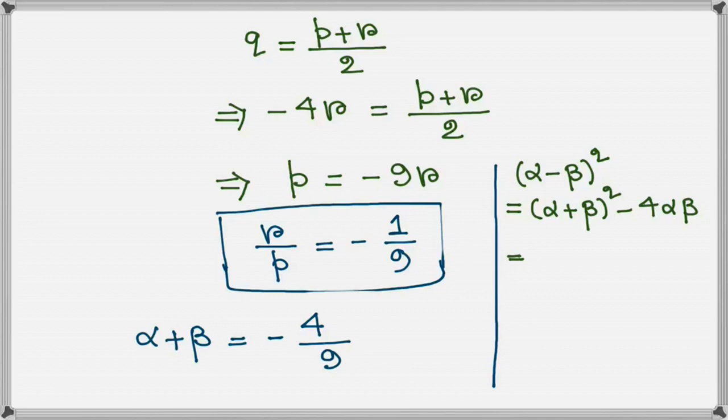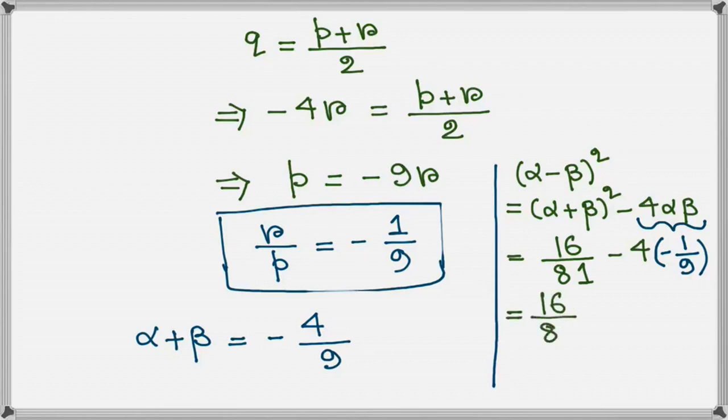If we substitute, we get 16 by 81, and here if we substitute the value of alpha beta, 4 into alpha beta is equal to 4 into r divided by p, which means minus 1 divided by 9, and hence we are getting 16 divided by 81 plus 4 divided by 9, and this is nothing but 52 divided by 81.